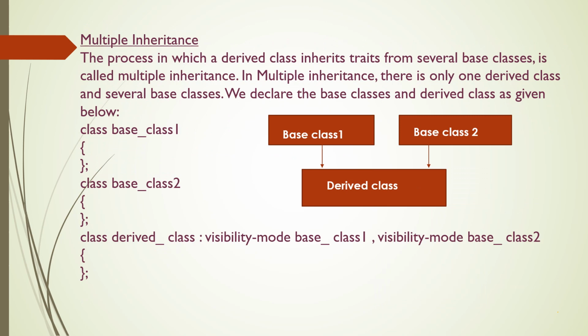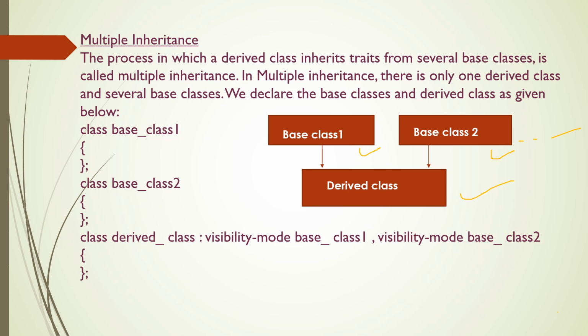Multiple inheritance. In multiple inheritance we will see a different structure. Here the derived class can inherit the properties of several base classes, which means it can take the properties from one class and also another class, and so on according to the requirement.